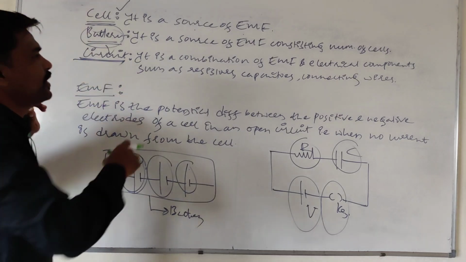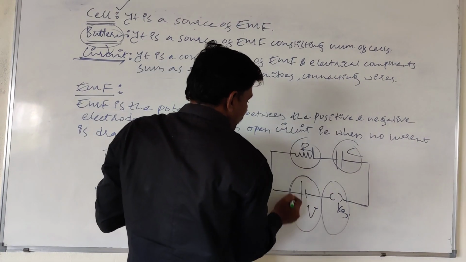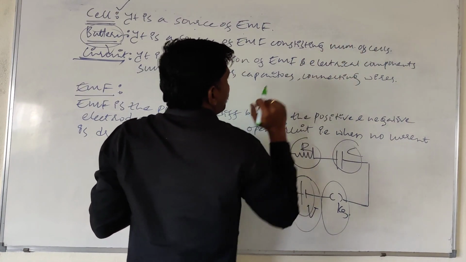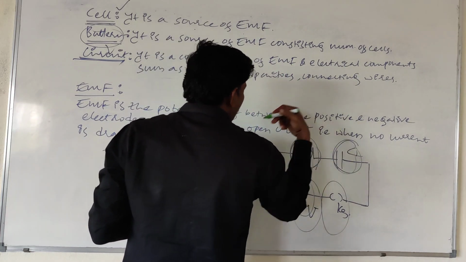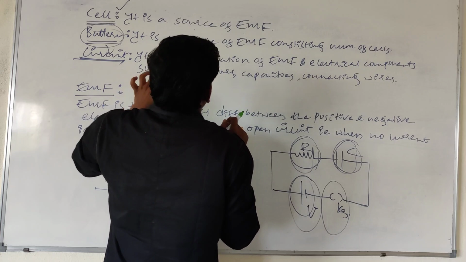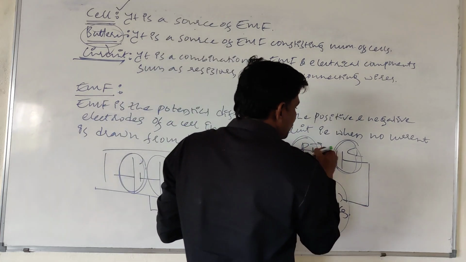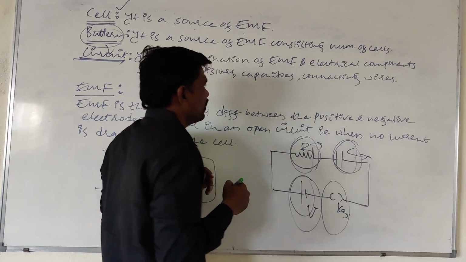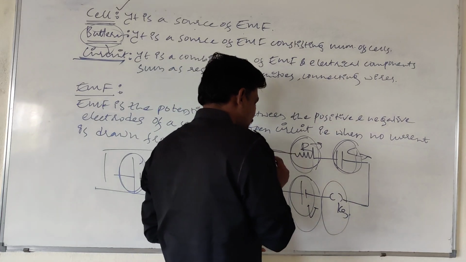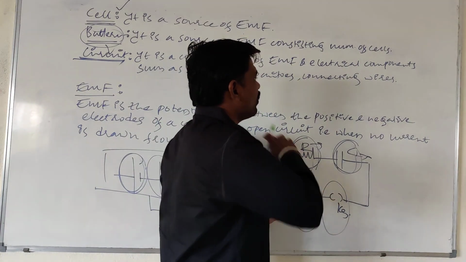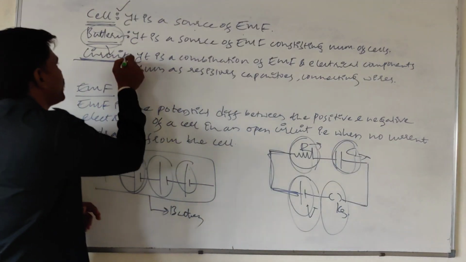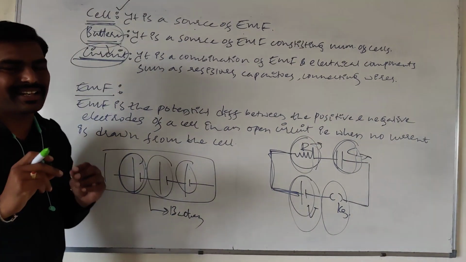Clear my point? So it is a combination of an EMF source and electrical components, such as resistors, capacitors, and connecting wires. These combined are what we call a circuit.